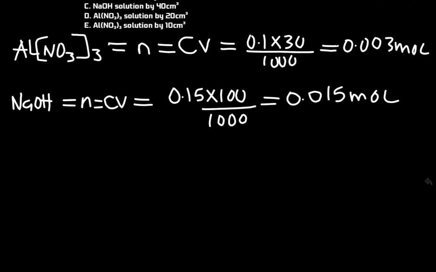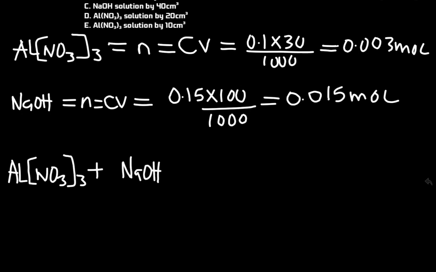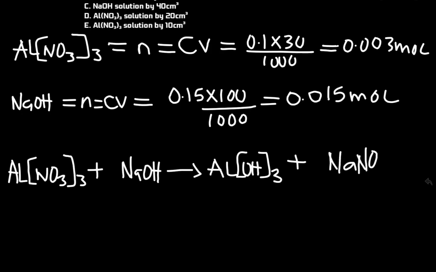So the chemical equation would be aluminum nitrate, Al(NO3)3, reacting with sodium hydroxide, NaOH, you get Al(OH)3 plus NaNO3.